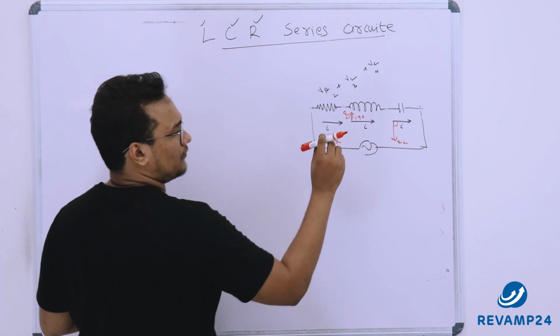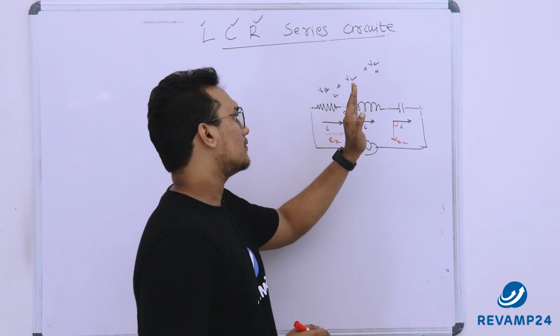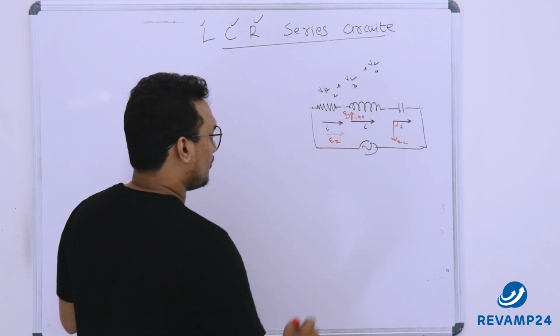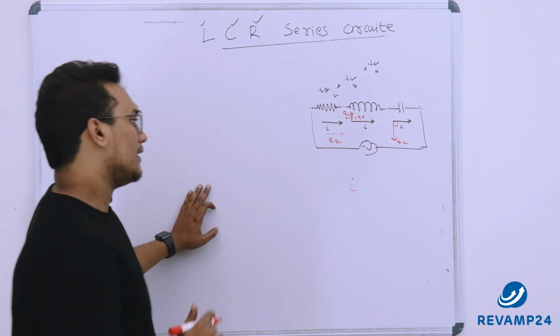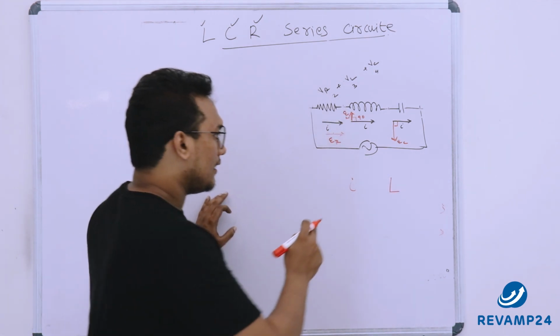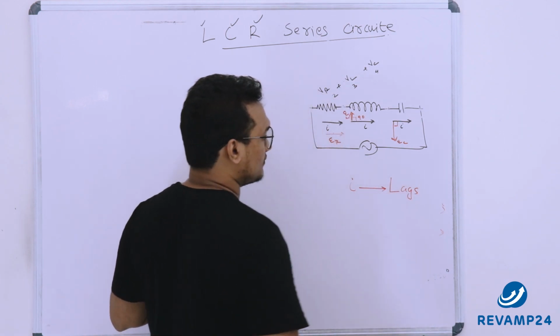Now I will give you a small trick to memorize this: current lags in an inductor and current leads in a capacitor. I am only going to mention the current, whether it lags or leads. The inductor is represented by L, and L means lags, so current lags.